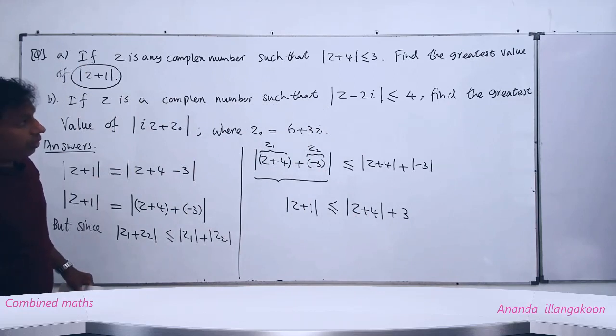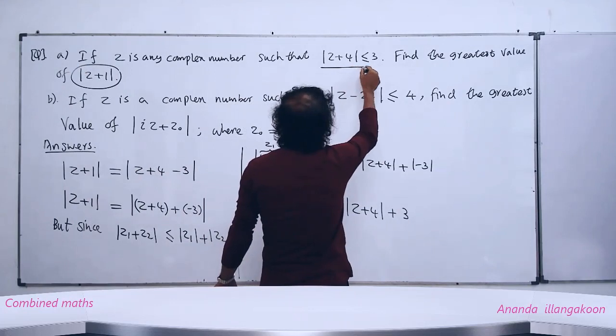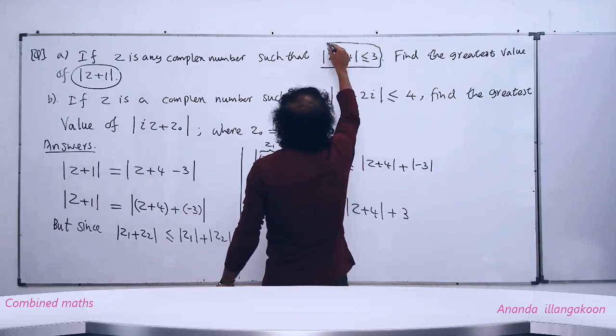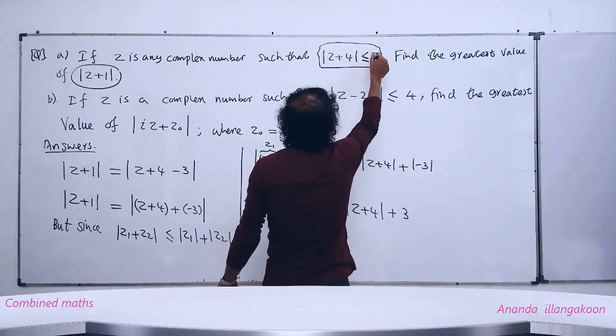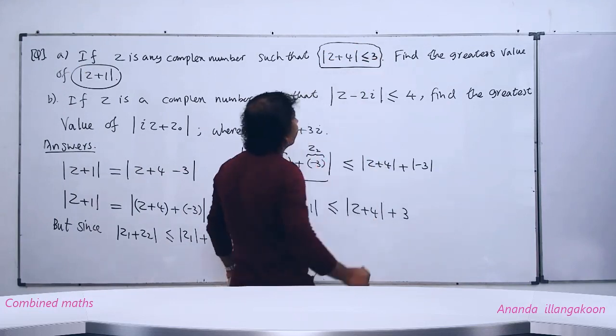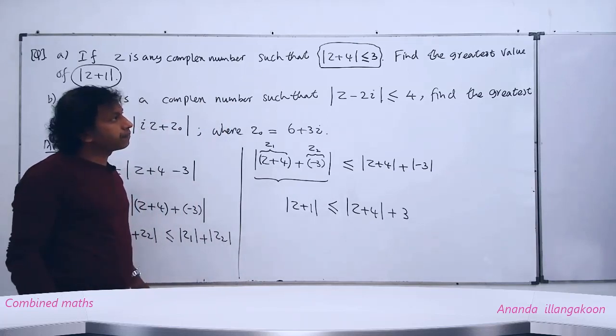Now we are having |Z + 4| less than or equal to 3.